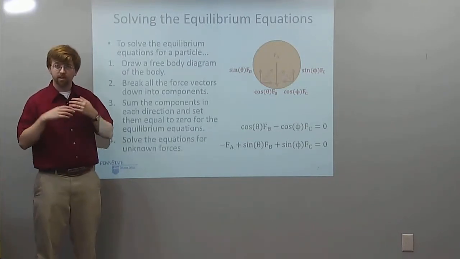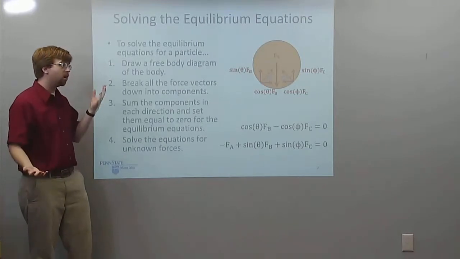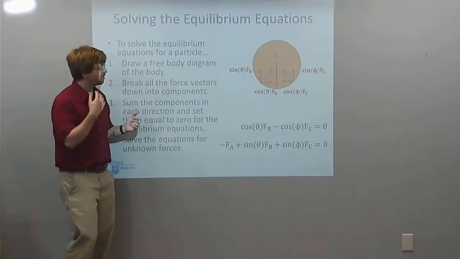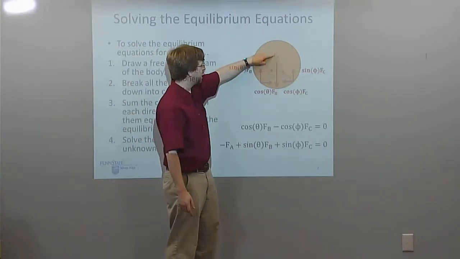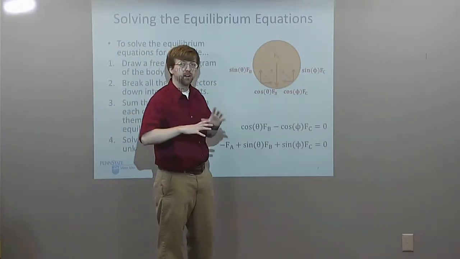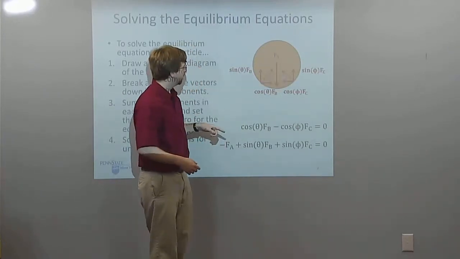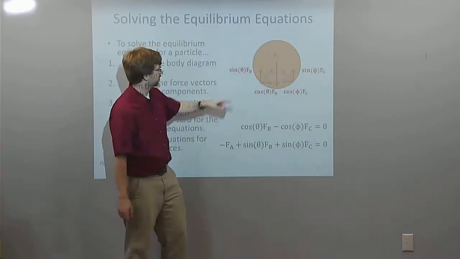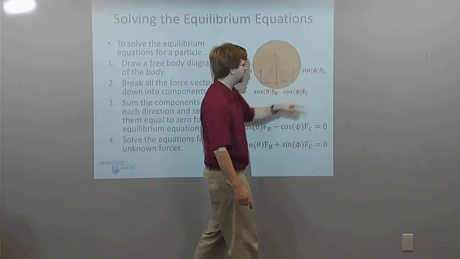So the next step is simply to solve the equations for the unknowns. So what would we know? What don't we know? Chances are, if we've got this barrel, maybe we know the weight. That would be FA. Maybe we know these angles. If we know the geometry of that bracket, I might know theta and phi. But I might not know the normal forces. So FB shows up here and here, and FC shows up here and here.